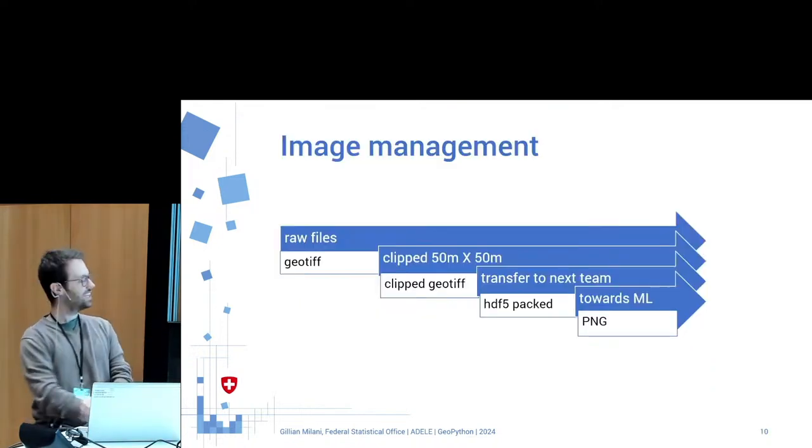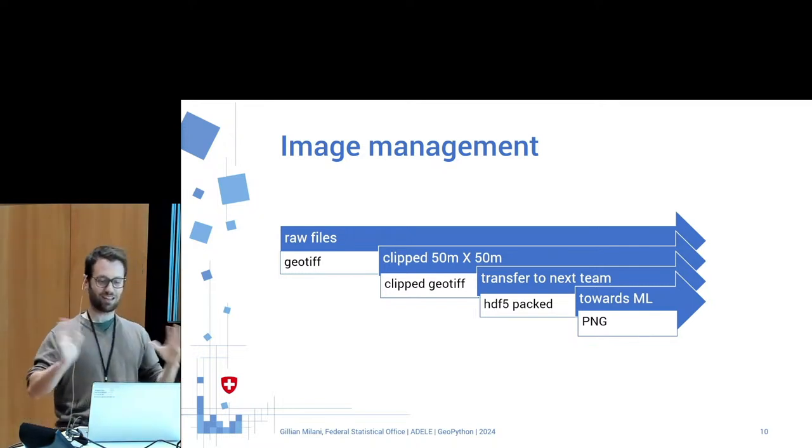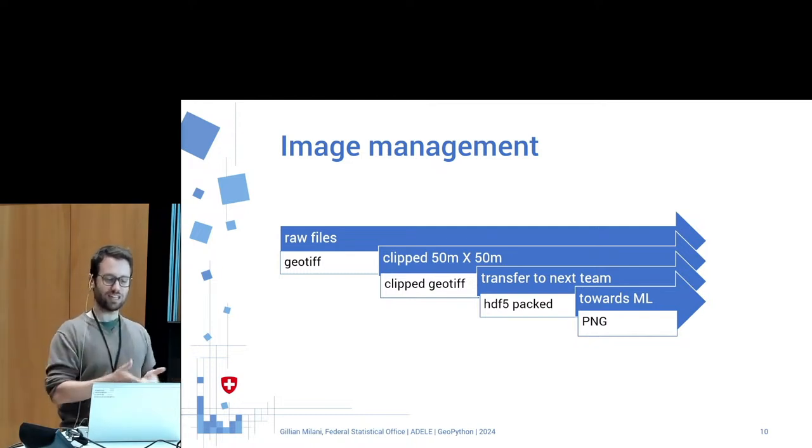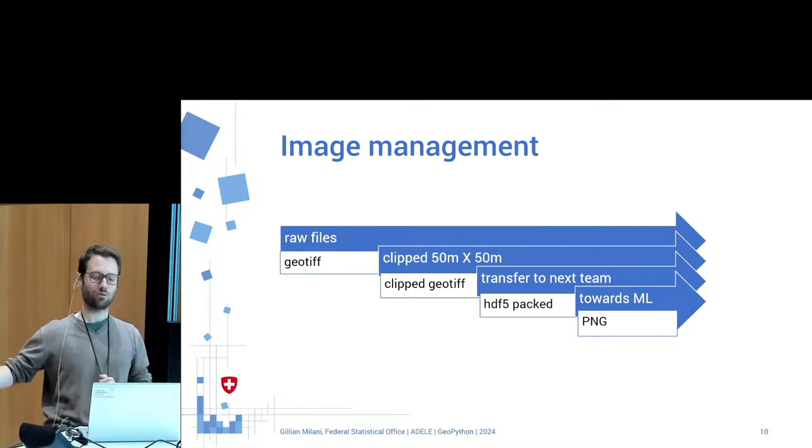Okay, here is a schema of how we build, let's say, the data pipeline at the beginning, from the raw data. We're working with ortho images from Swiss Topo, up to the data that we use at the beginning of the machine learning algorithm.